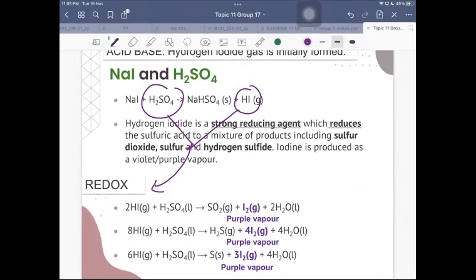So when hydrogen iodide is produced, it reduces the sulfuric acid to a mixture of products, including sulfur dioxide, which is a colorless gas. Sulfur here is a yellow solid, which I did not include, but I should.